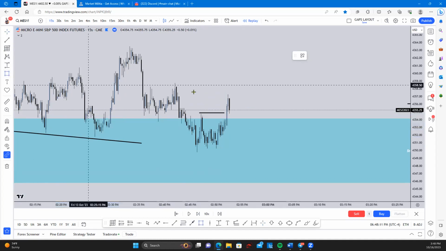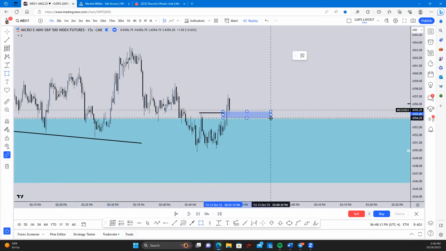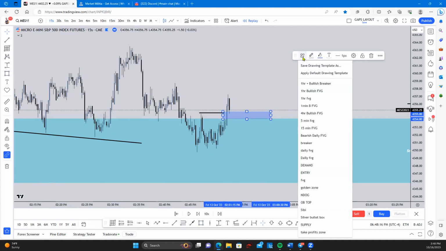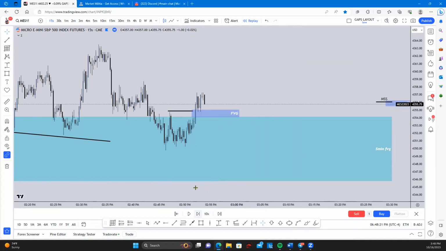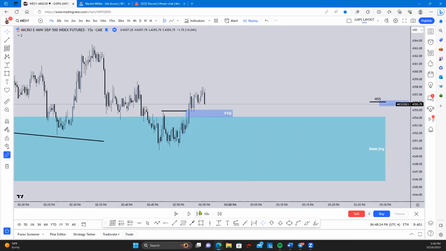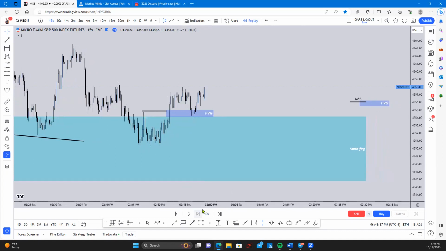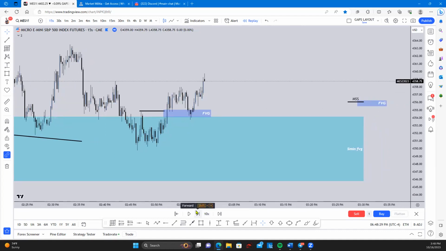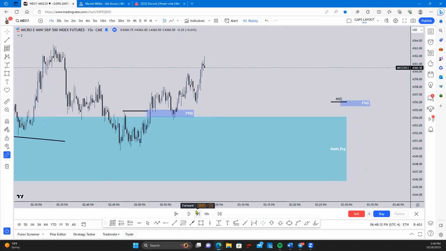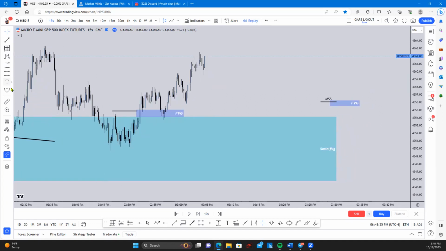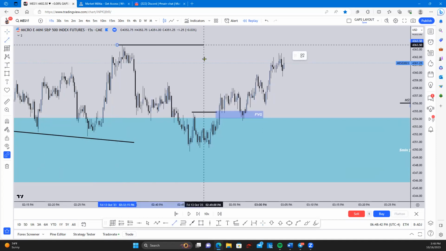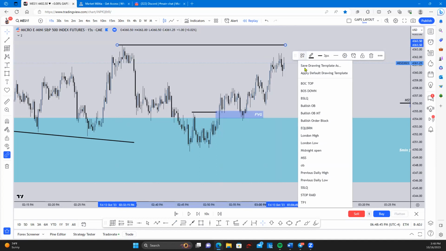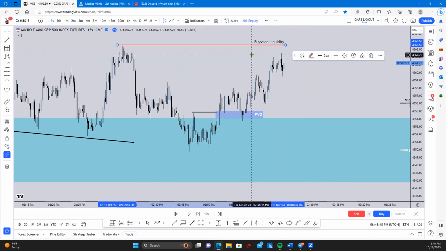We create a bullish fair value gap, be a buyer in here, and we're going to target this high for our buy side liquidity.